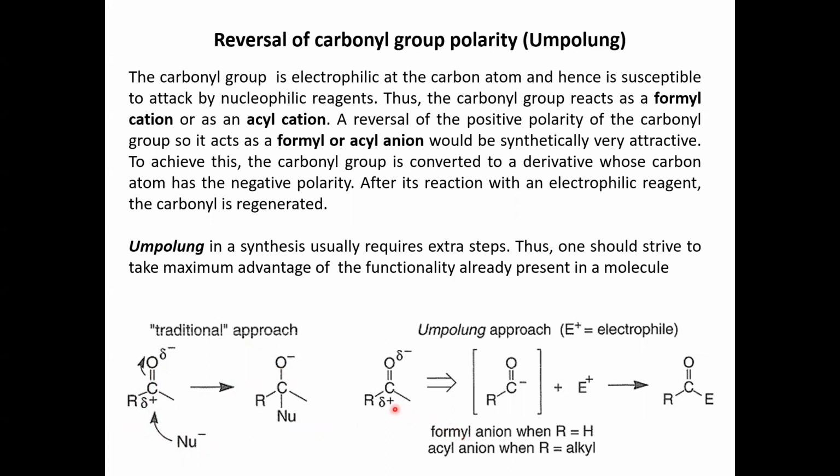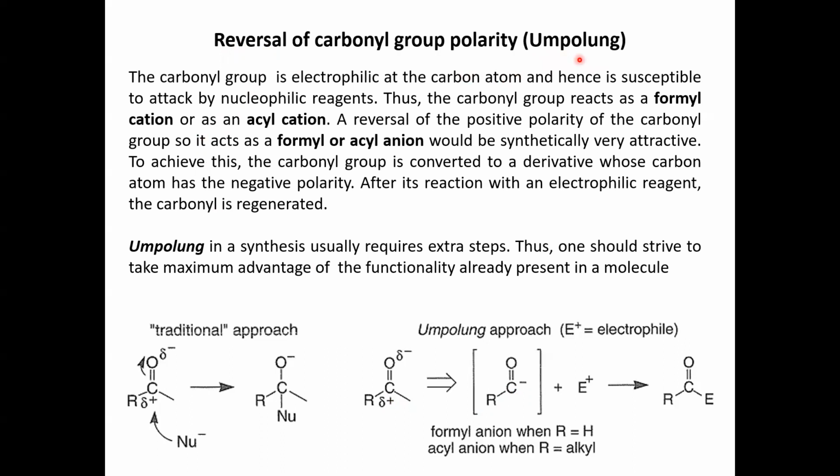But if this carbon atom is negative, then there will be a change in polarity at the carbon atom. That is called a reversal of polarity, and that is what is called an Umpolung.